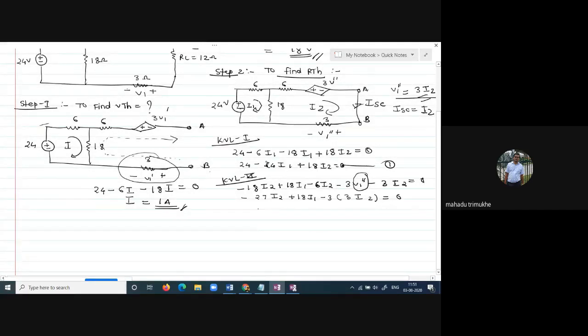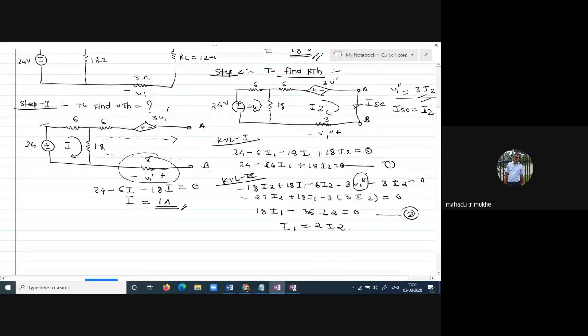After simplification, you will get 18 I1 minus 36 I2 is equal to 0. That is your equation number 2. Means I1 is nothing but 2 I2.